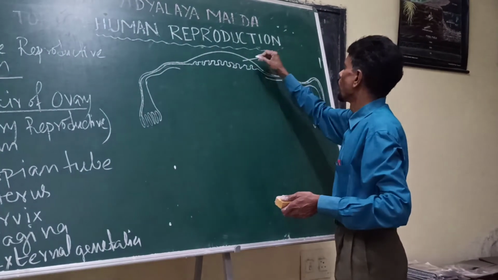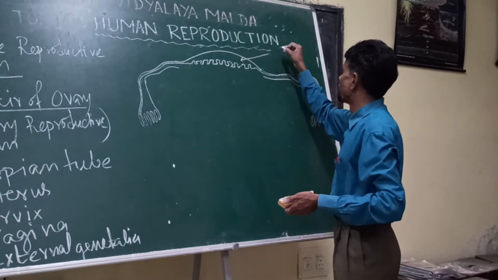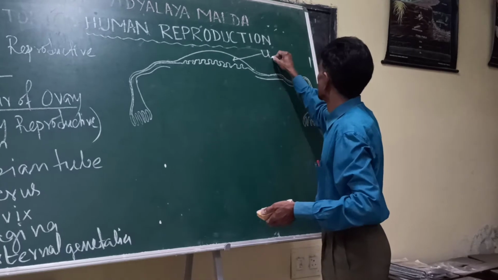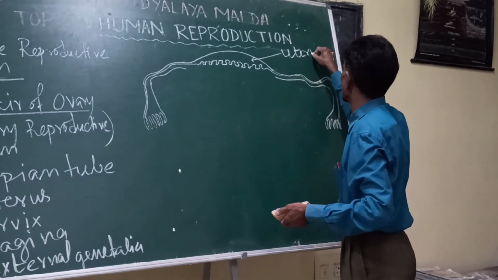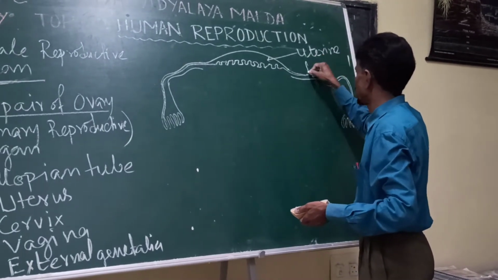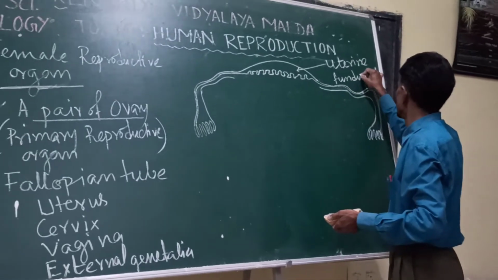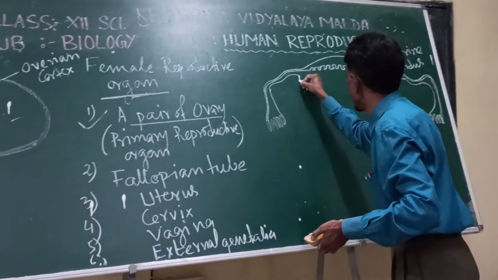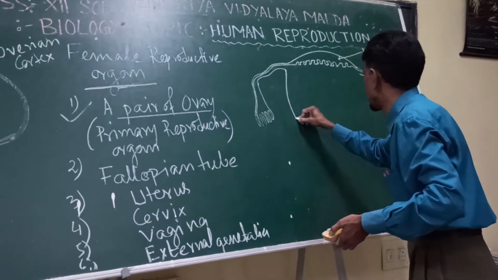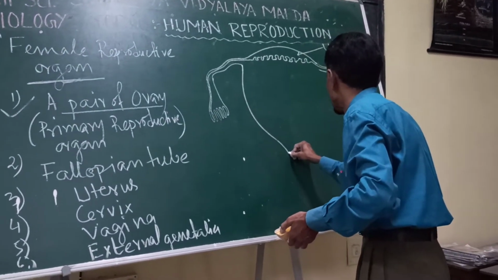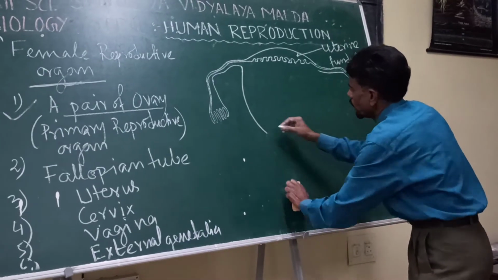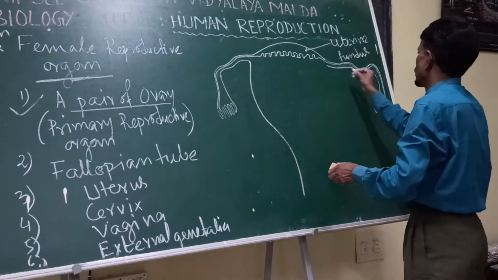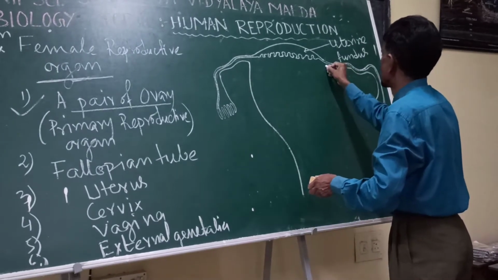This part we called uterine fundus. Now this will just look like an inverted pear shape structure.